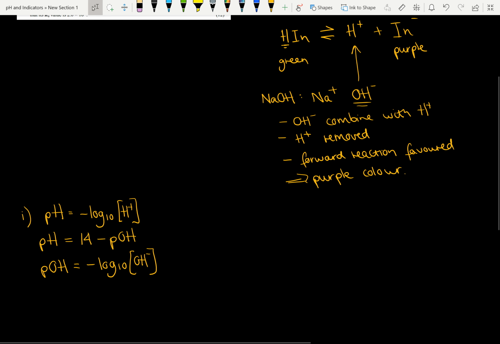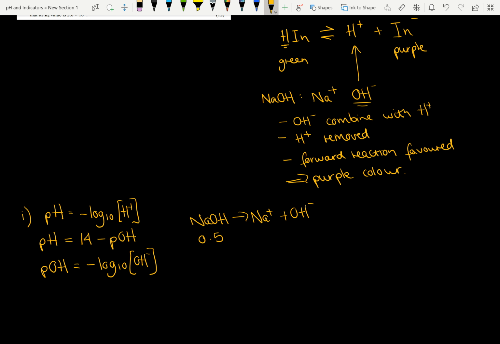Now, we know that sodium hydroxide is a strong base. So if it's a strong base, we know that it fully dissociates into Na+ and OH- ions, which means that if we start with 0.5 molar sodium hydroxide, we're going to get 0.5 molar hydroxide ions being produced.